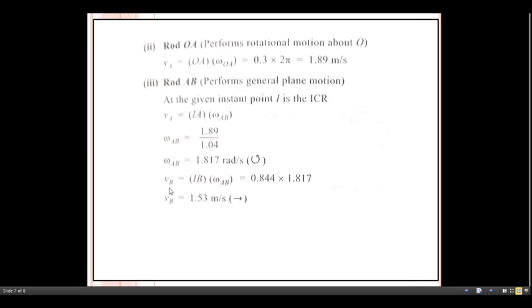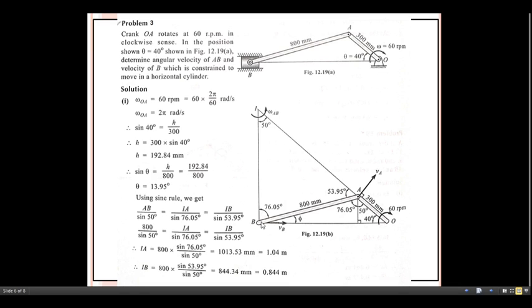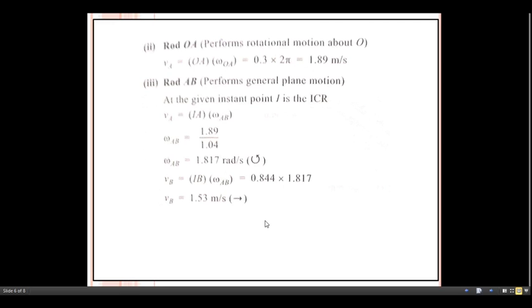So what about VB? For that also write the formula. Now consider the B end of this rod. Initially we considered the A end of the same rod, now consider the B end. Developing the formula, we get VB equals IB multiplied by omega AB. My task is to get VB.